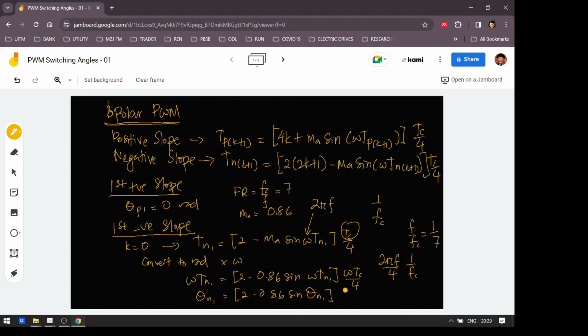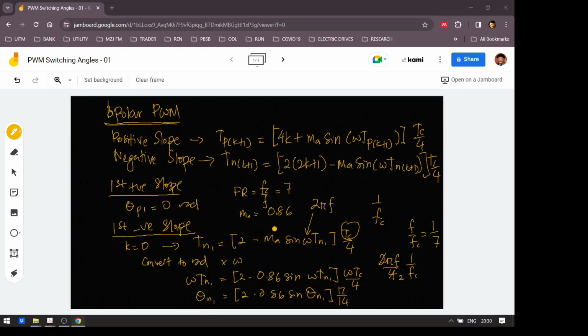Okay, so we multiply, therefore what is left is only 2 pi divided by that, so we have pi over 14, 7 multiplied by 2 is 14. Right, so from there we need to use the calculator fx570 to solve for theta n1. This is very similar to what we did for finding the beta for the controlled rectifier.